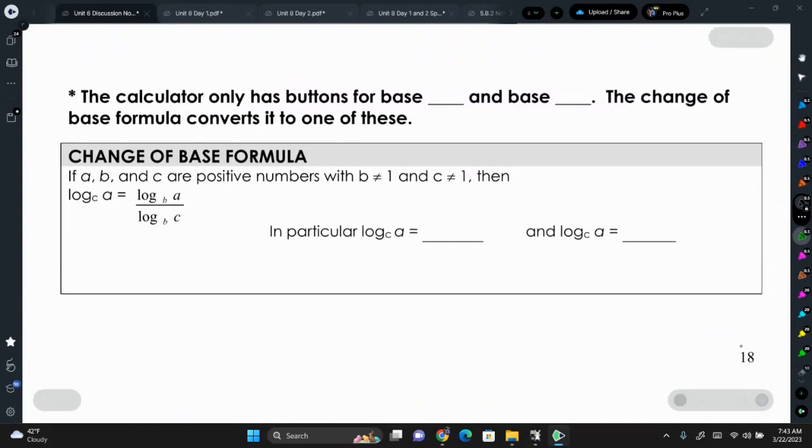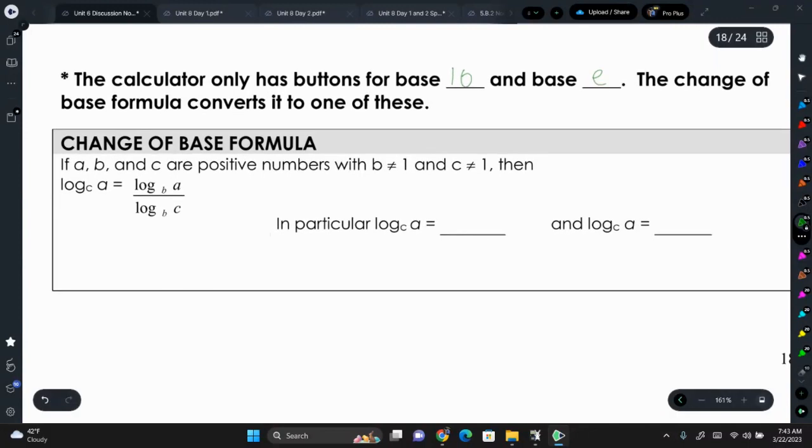So on our calculator, we've talked about that it only has buttons for base 10 and E. We can use something called the change of base formula that allows us to calculate any logarithm.